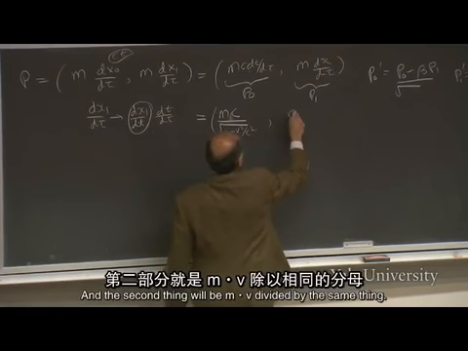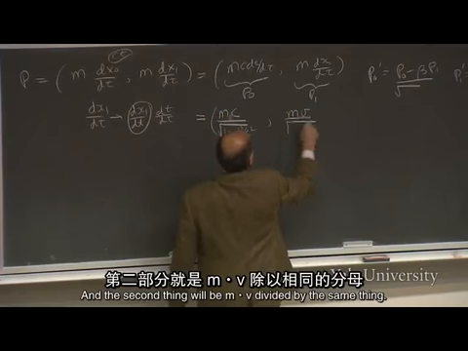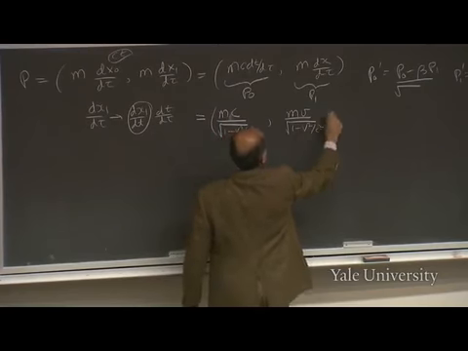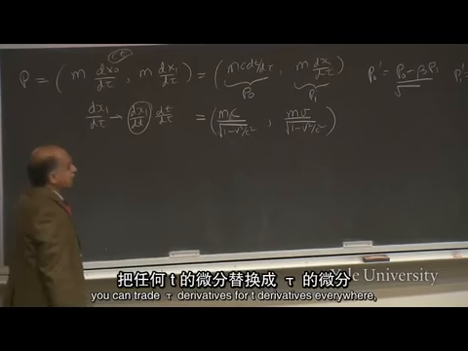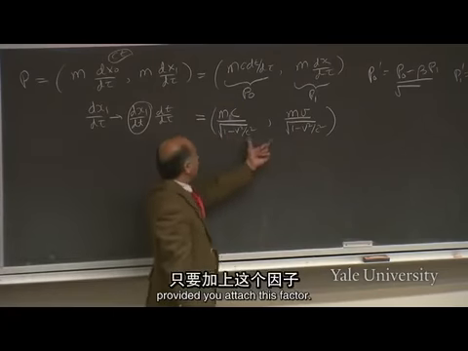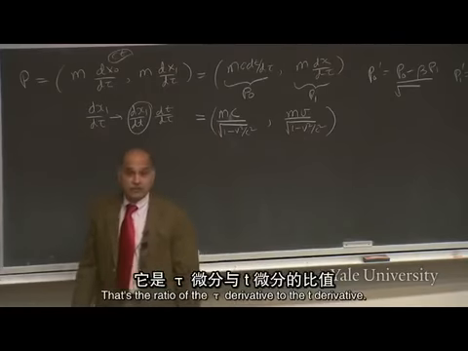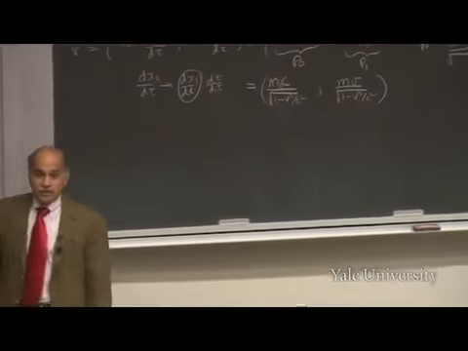And the second thing will be mv divided by the same thing. In other words, you can trade tau derivatives for t derivatives everywhere, provided you attach this factor. That's the ratio of the tau derivative to the t derivative.